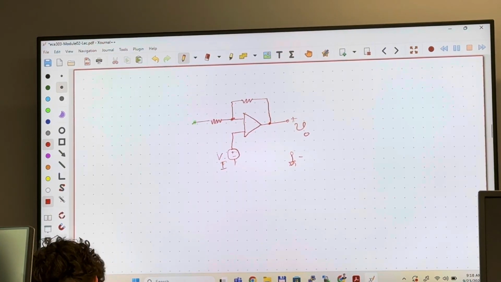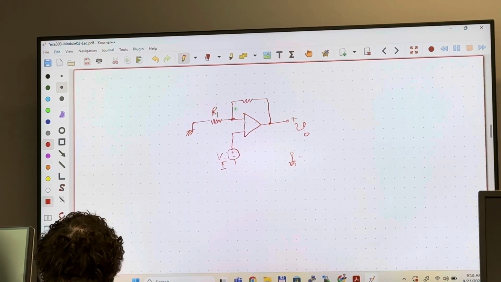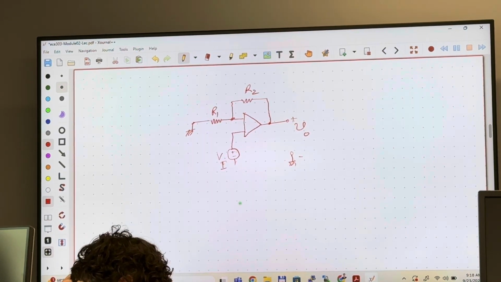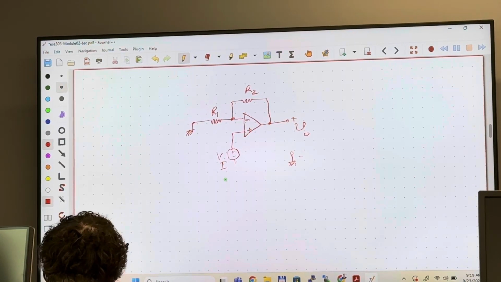Then this is connected to ground, and this is R1, this is R2. This is the inverting terminal, and this is the non-inverting terminal.